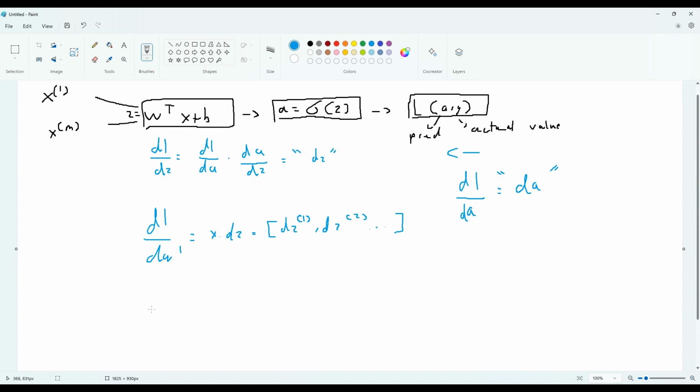And the derivative of L with respect to b is just going to be all of the derivative of z's stacked up together.